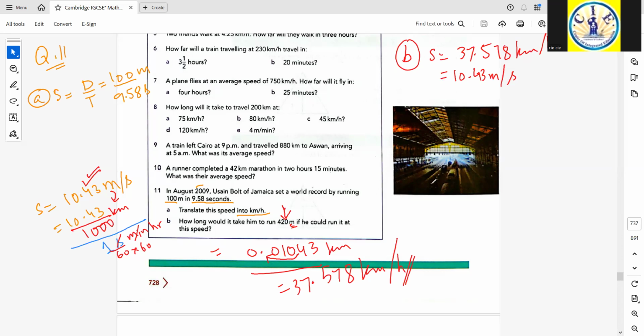So time is going to be distance divided by speed, that is 420 meters divided by this speed, 10.43 meters per second.